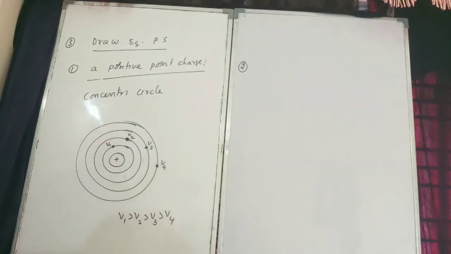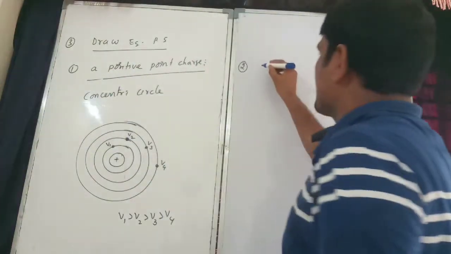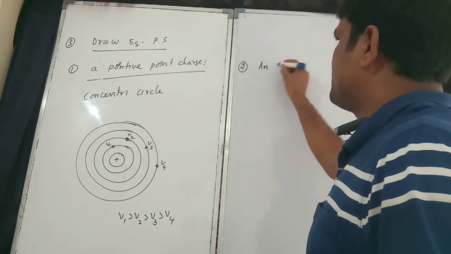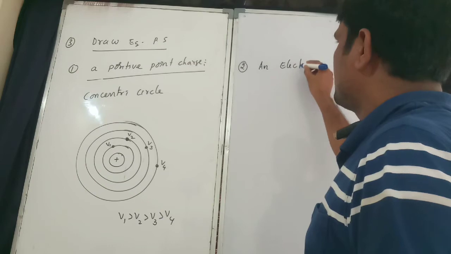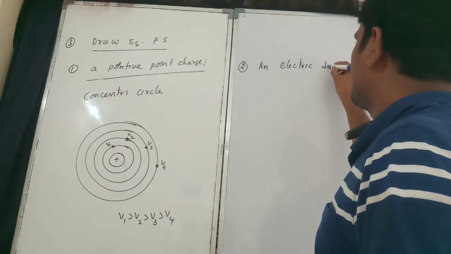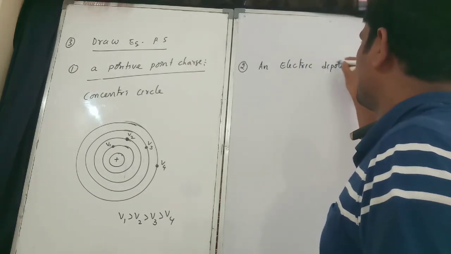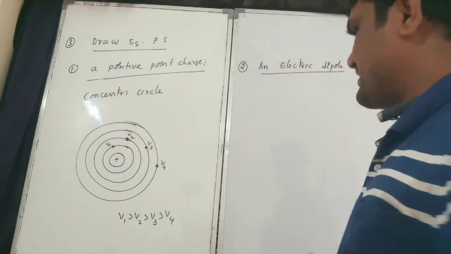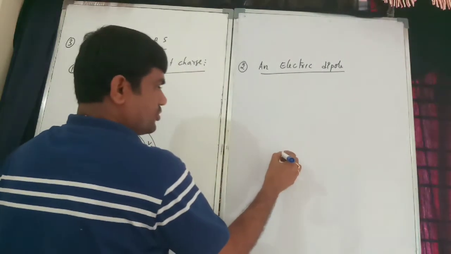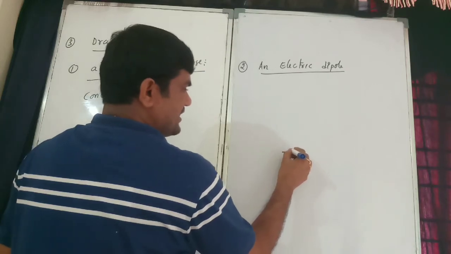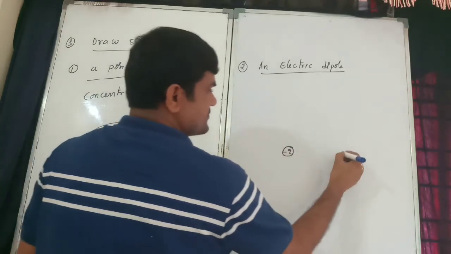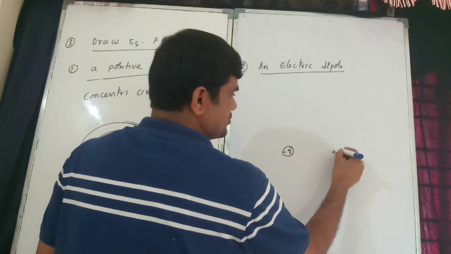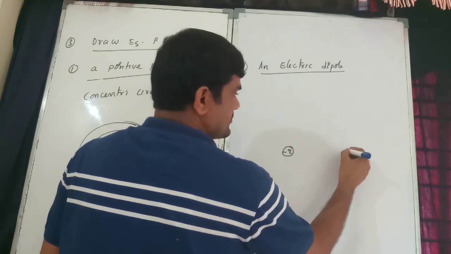The second one is an electric dipole. You know what an electric dipole is: here a negative charge, here a positive charge.